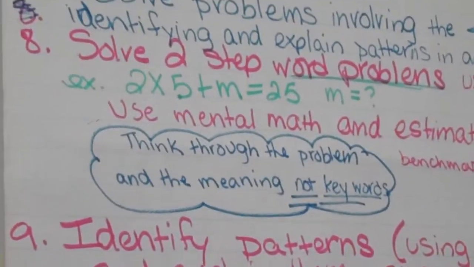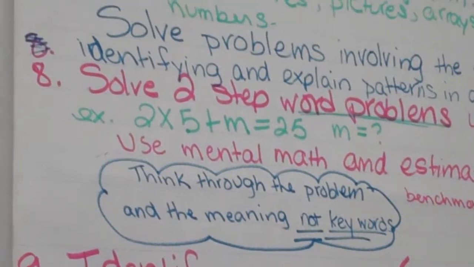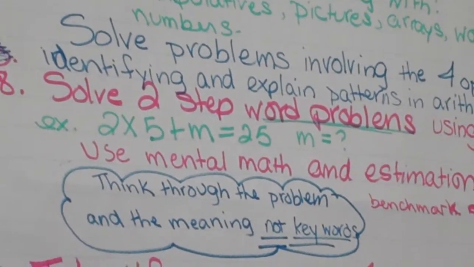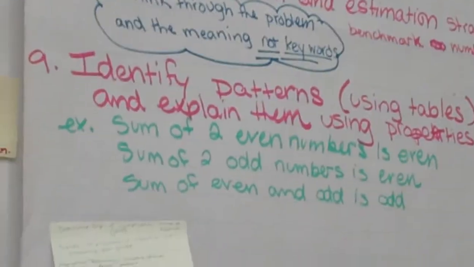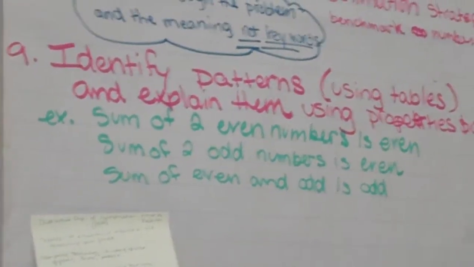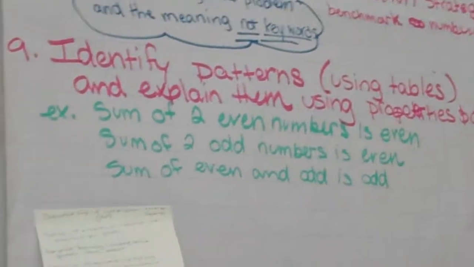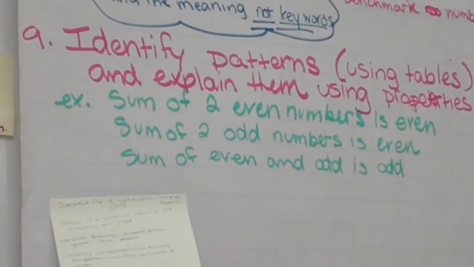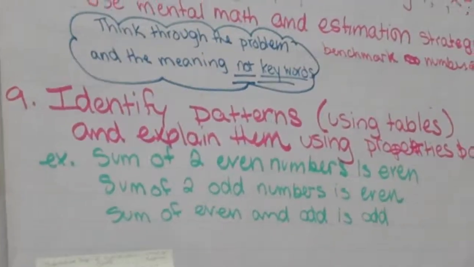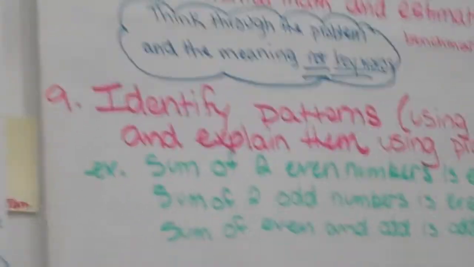They have to use mental math and estimation strategies, which could include rounding. One of the things it said in the papers that we read was to think through the problem and the meaning and not always focusing on those key words, and using benchmark numbers for your estimation strategies.